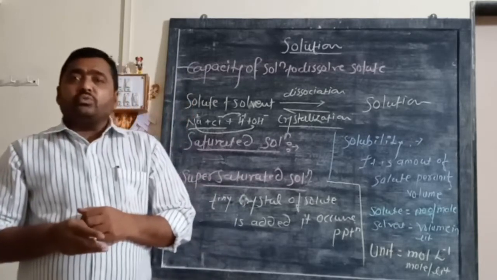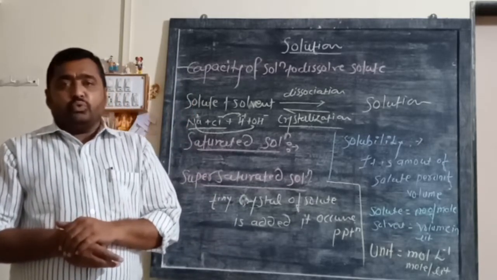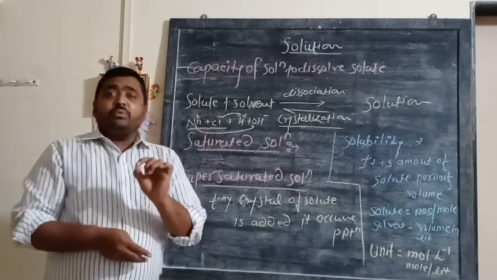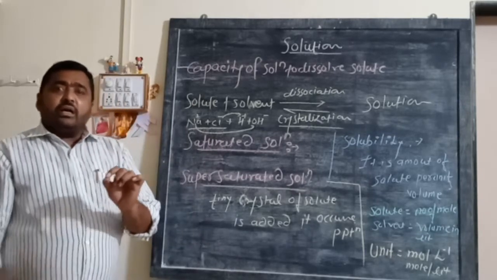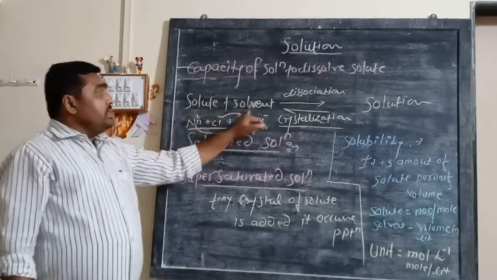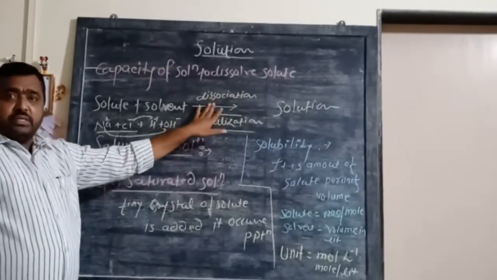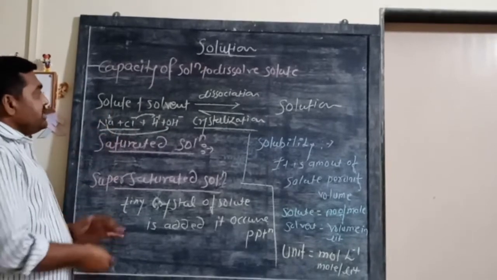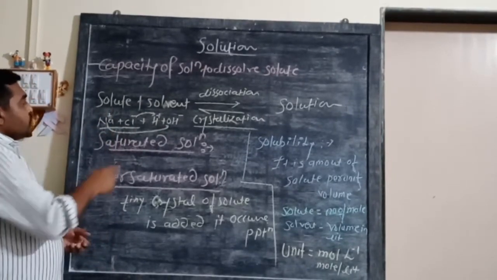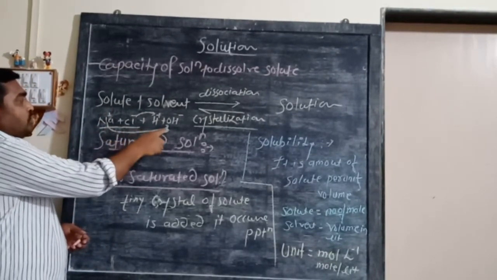Then this solution is called a saturated solution, or we say dynamic equilibrium is reached. Here dissociation means, consider the example, sodium chloride salt dissolved into water.